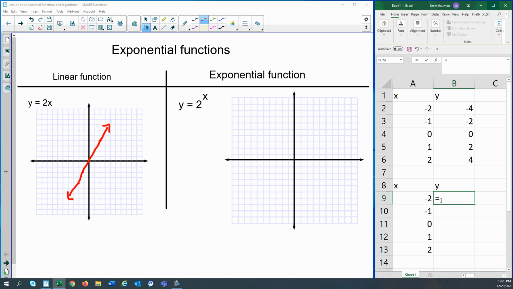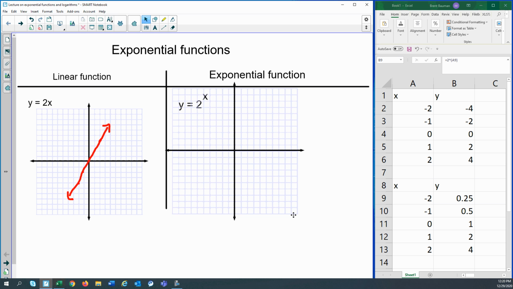This time it's 2 to the power of x. So you can see the difference there. We're using the exponent. And we'll work our way down. Okay, so let's move this over.